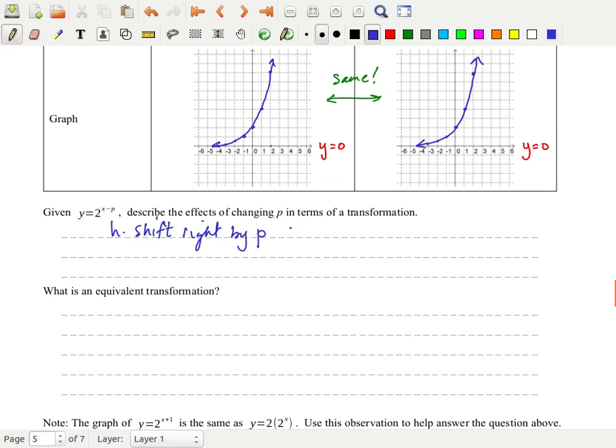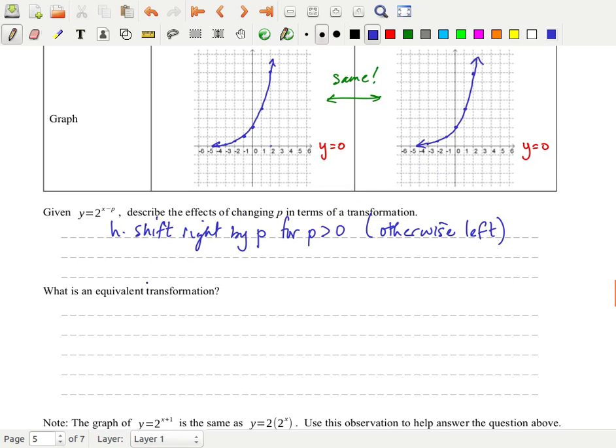So let me clarify that. This is for p greater than 0. It's right by p for p greater than 0. Otherwise left. Hopefully I don't need to go into that much detail. And that's the only effect here.